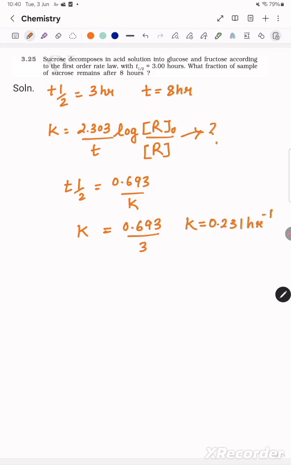Here again we put all the variables in the equation, that is K is equal to 0.231 is equal to 2.303 upon T, total time is 8 hours, log initial concentration upon concentration at any time t.